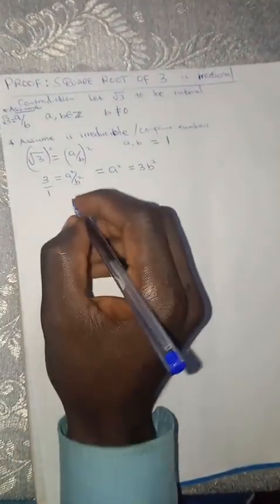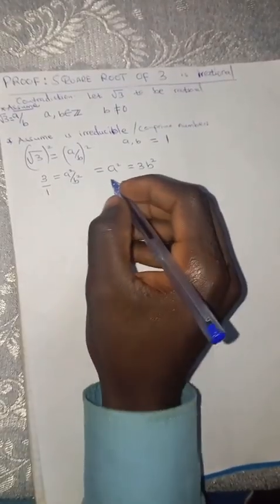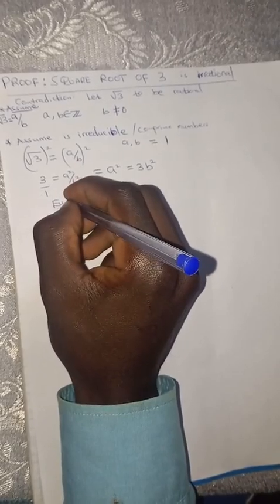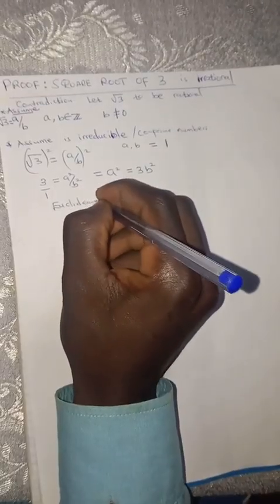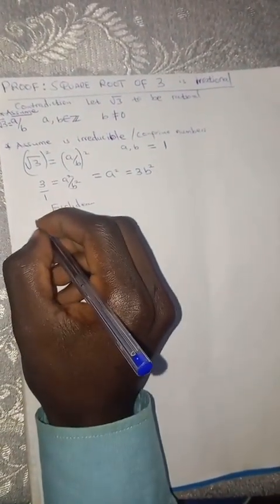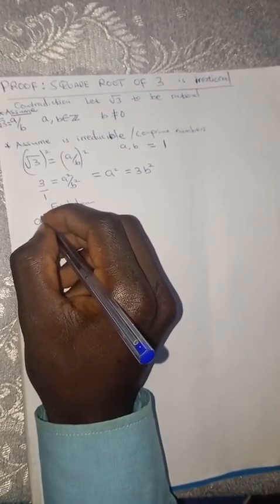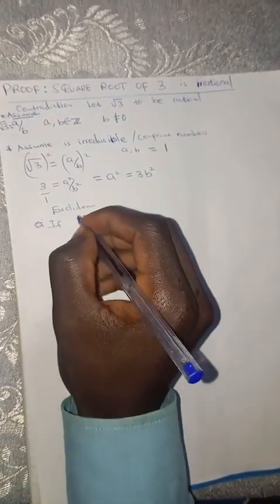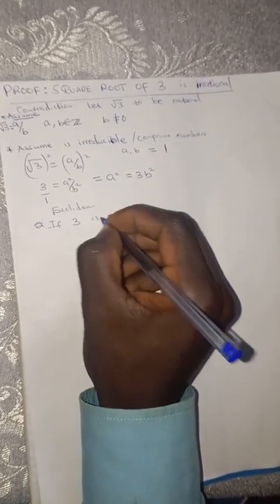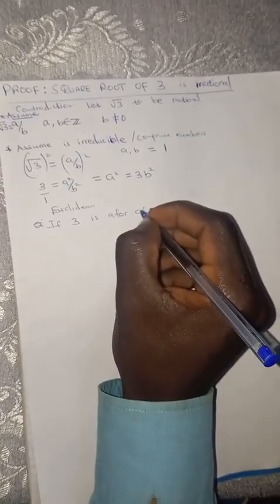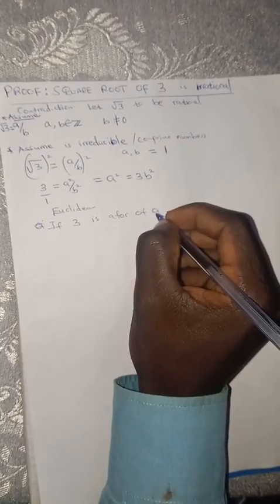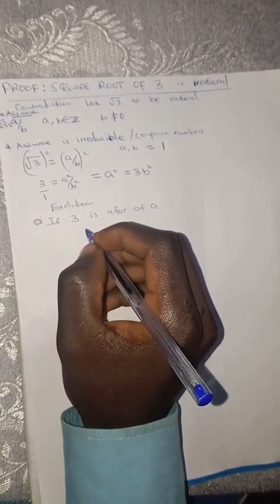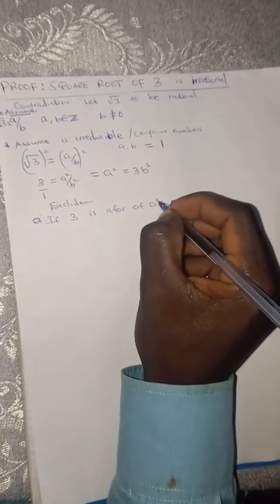Now, by the Euclidean rule, or theorem, if 3 is a factor of a squared, then it means that 3 is a factor of 3b squared.